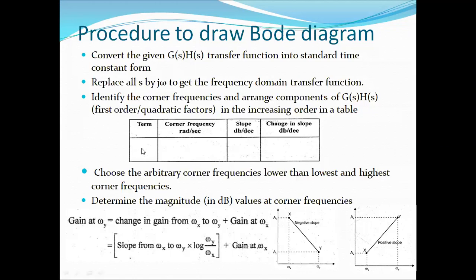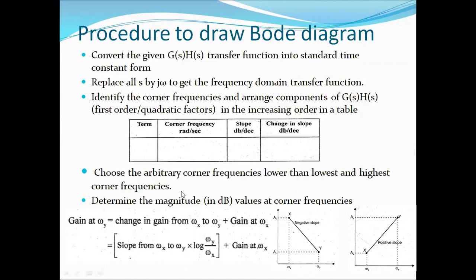So in the table, first write the factors of G(s)H(s), then write the corner frequency, then each factor will contribute some slope in decibel per decade, write it in this column, and finally at each corner frequency the slope will change, and write the change in slope in decibel per decade in this column.